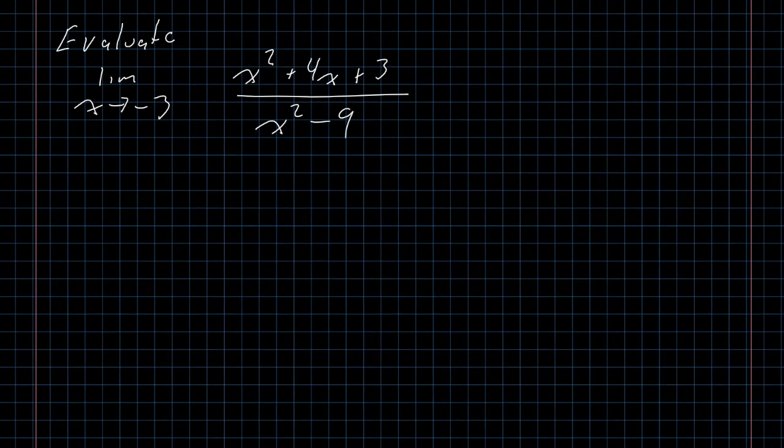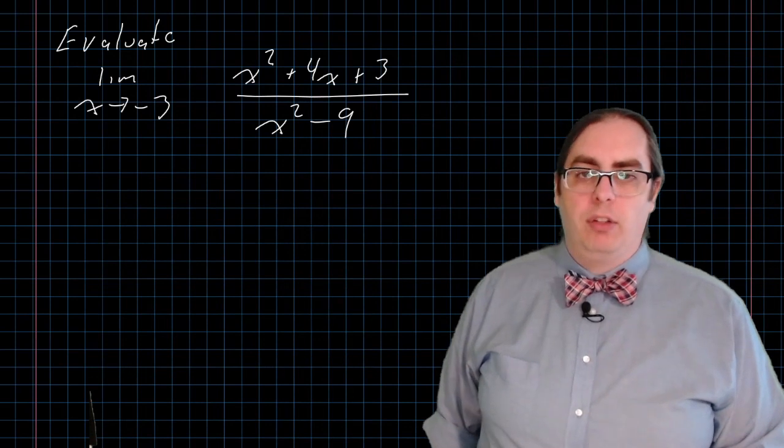So I would like you to evaluate the limit as x approaches -3 of x squared plus 4x plus 3 over x squared minus 9.